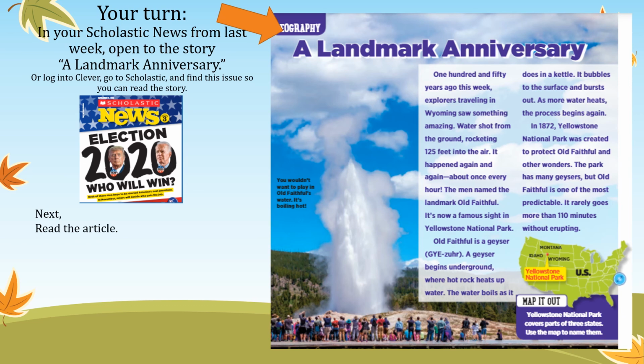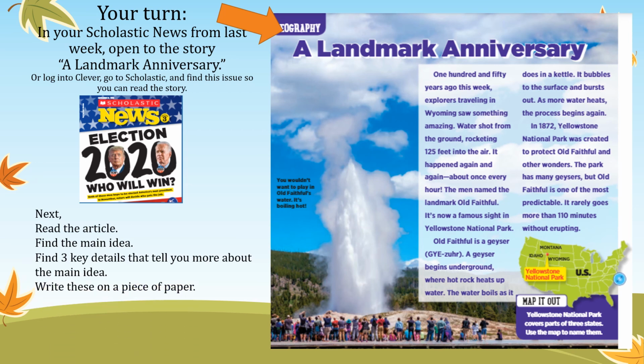Remember, read it once for information, then read it again to look for the main idea and your key details. So once you have read through it, then read again, look for the main idea. Then you're going to find 3 key details that tell you more about the main idea. And you're going to write those on a piece of paper.